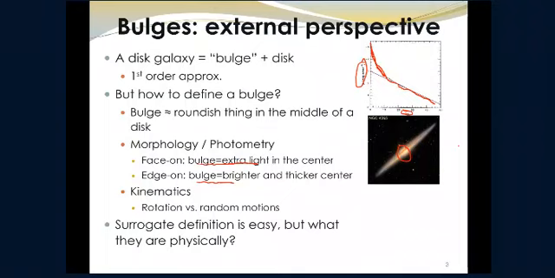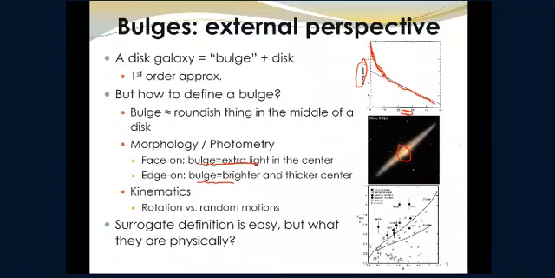Or you can define a bulge through the kinematics of stars. In this figure, the y-axis is the maximum rotational velocity divided by velocity dispersion. It's basically a ratio of regular rotation to the random motion of stars. The x-axis is the flattening of a bulge or elliptical galaxy. This is the so-called Binney diagram.